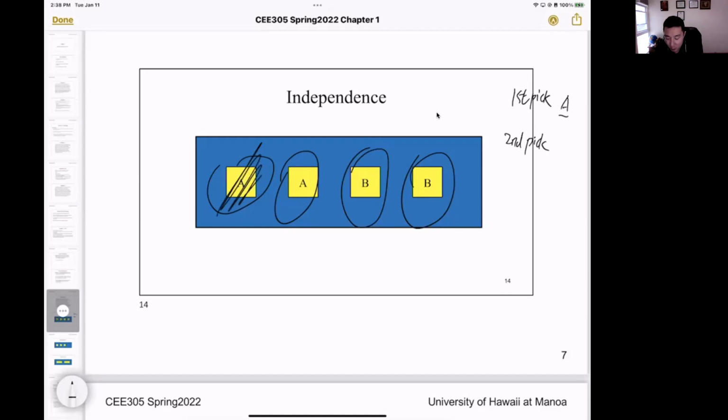after the first pick we have 1 A left and 2 B's left. So for the second pick, the probability we call PA. PA here means the probability we pick A in the second pick. It's very straightforward because we have 2 B's and 1 A. So the probability we pick A randomly is 1/3, right? Similarly, the probability we pick B for the second pick will be 2/3.